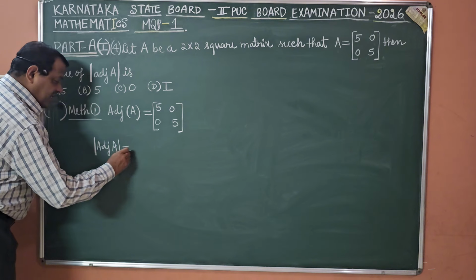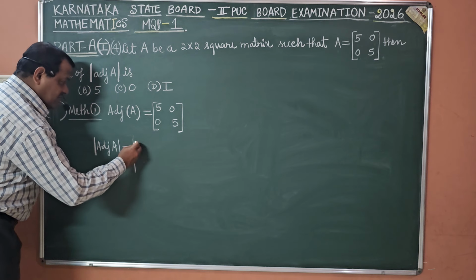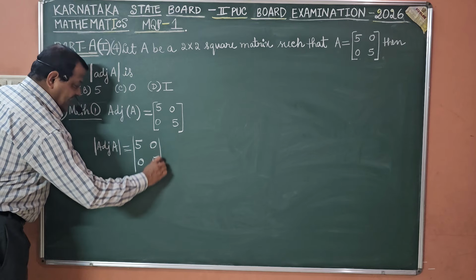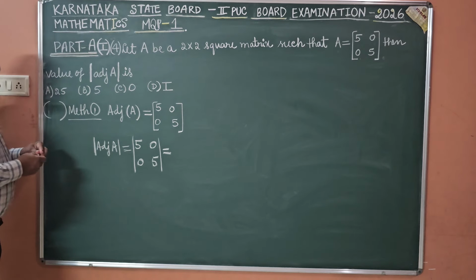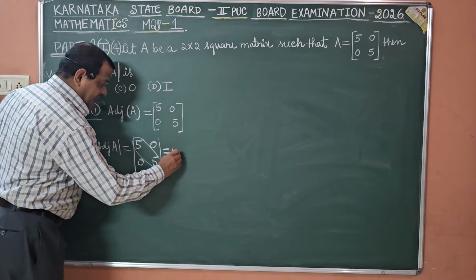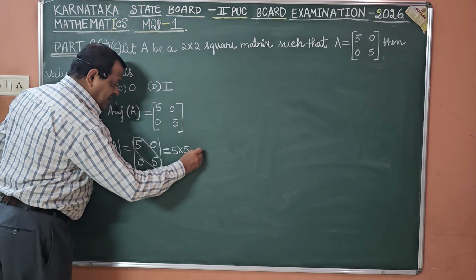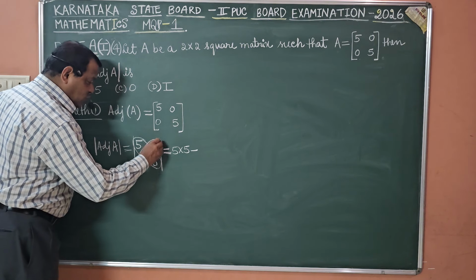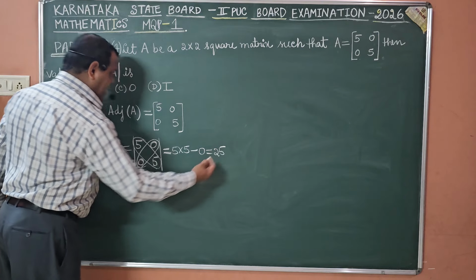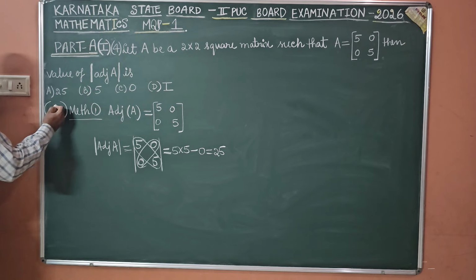So the determinant of this matrix 5, 0, 0, 5 is equal to: multiply the elements on the principal diagonal minus multiply the remaining two elements 0. So the answer is 25. Hence option A is correct.